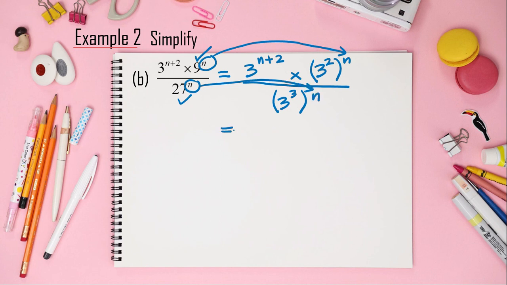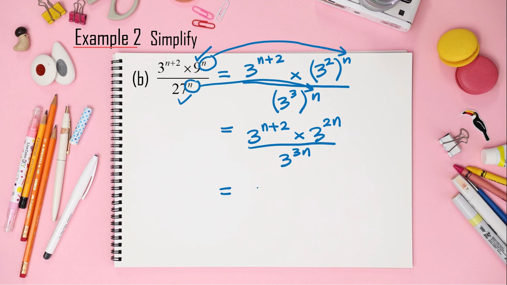Now we will simplify the expression. We have 3 to the power of n plus 2 multiplied with 3 to the power of 2n divided by 3 to the power of 3n. Please notice that we have multiplication and division at the same time.